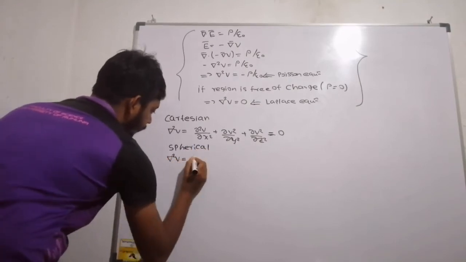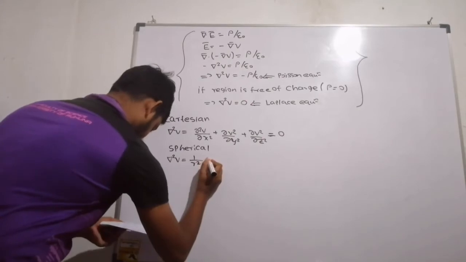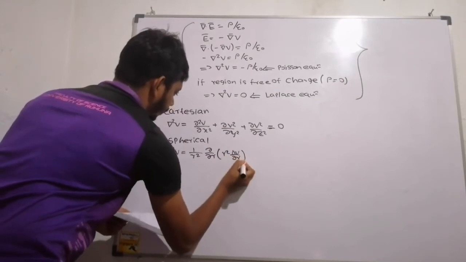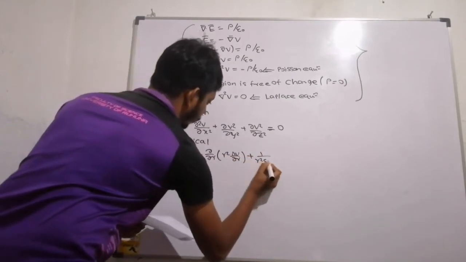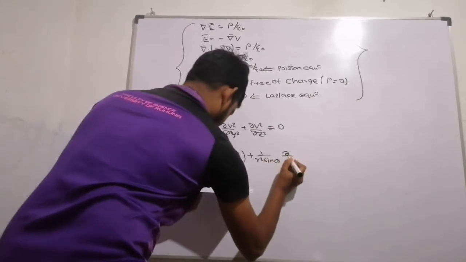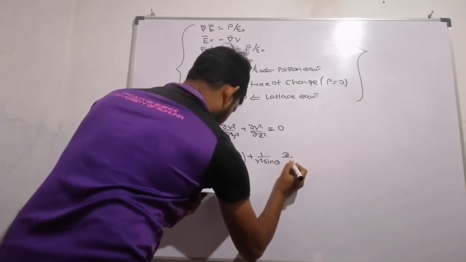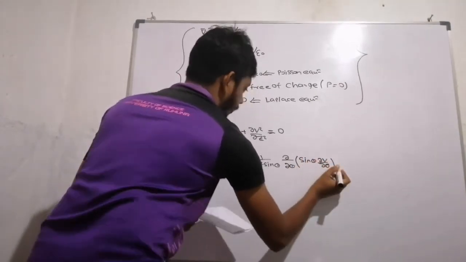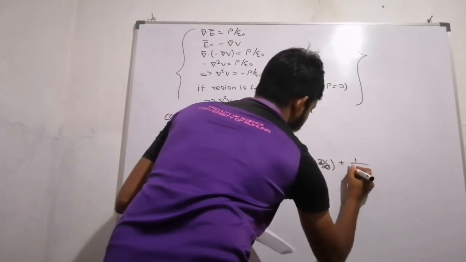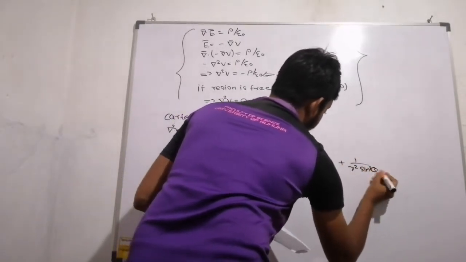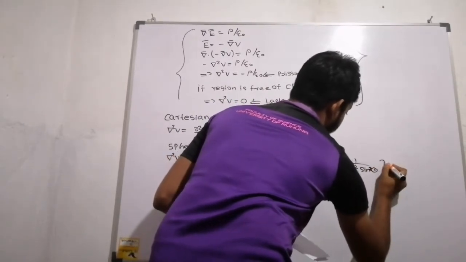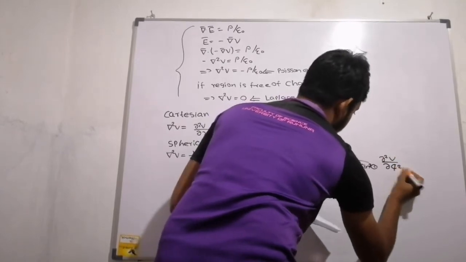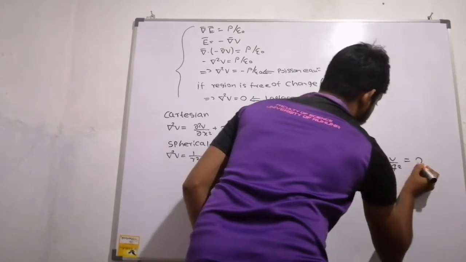That is grad square V equals 1 over R square times the partial of R square partial V over partial R, plus 1 over R square sin theta times the partial over partial theta of sin theta times partial V over partial theta, plus 1 over R square sin square theta times partial square V over partial phi square, equals 0.